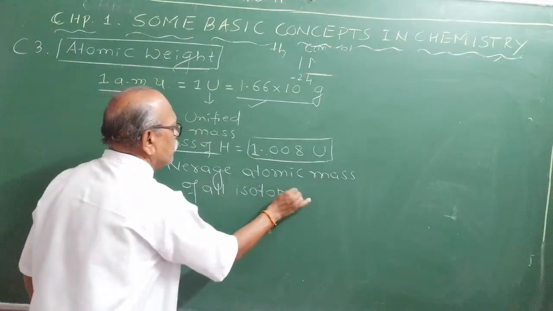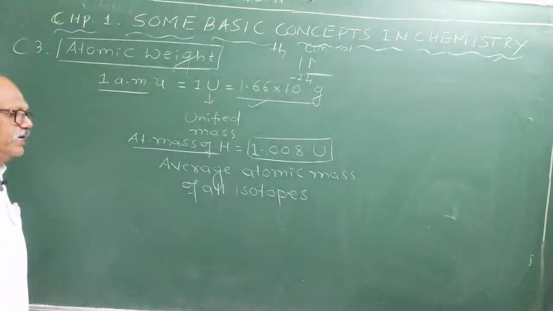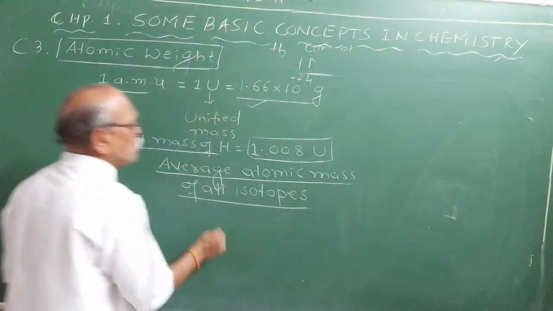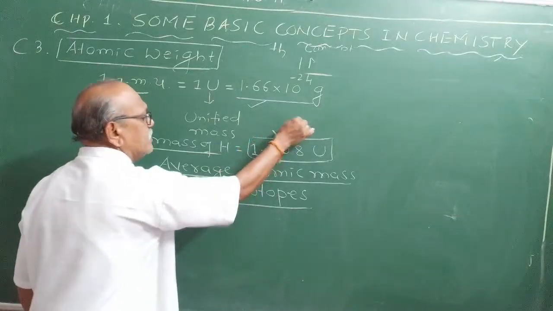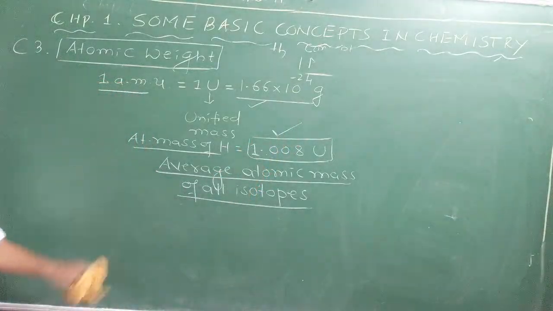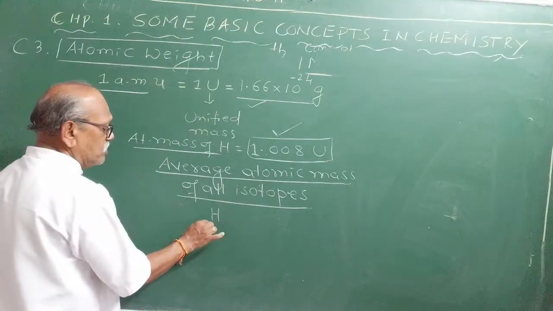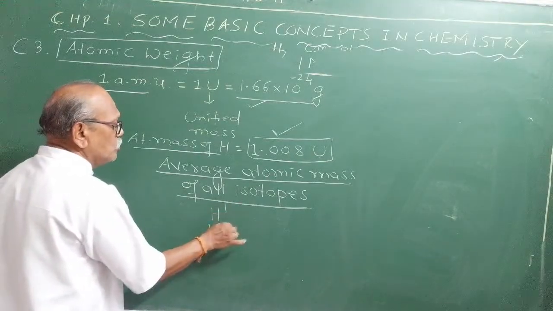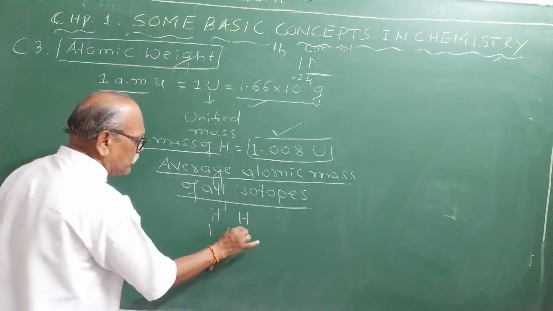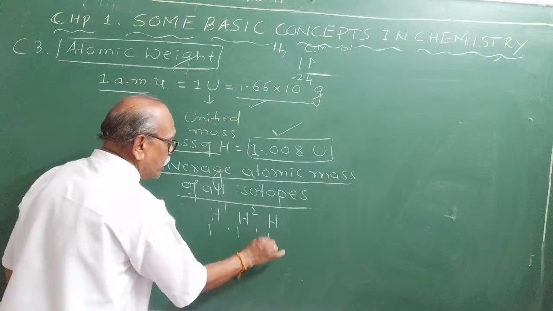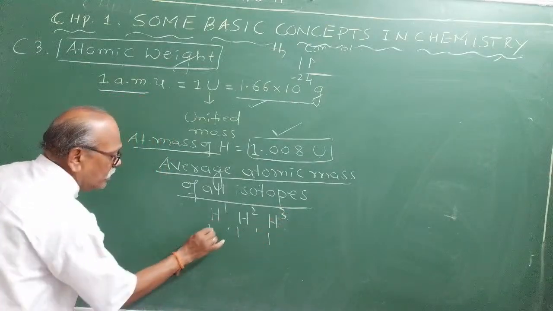Generally, every element will have isotopes. This average of the atomic masses of all the isotopes is calculated and written. Whatever atomic mass you get for hydrogen is the average atomic mass of 3 isotopes of hydrogen. One is called hydrogen, another is called deuterium.